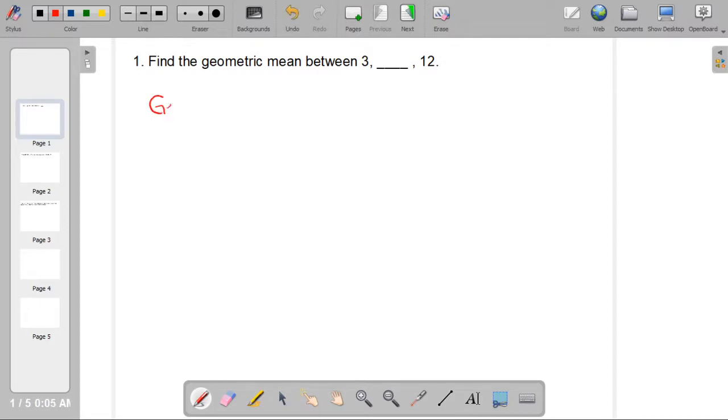To find the geometric mean, all you have to do is to multiply those two non-consecutive terms, that is a sub 1 times a sub 3, and then after that, you're going to extract the square root of that.